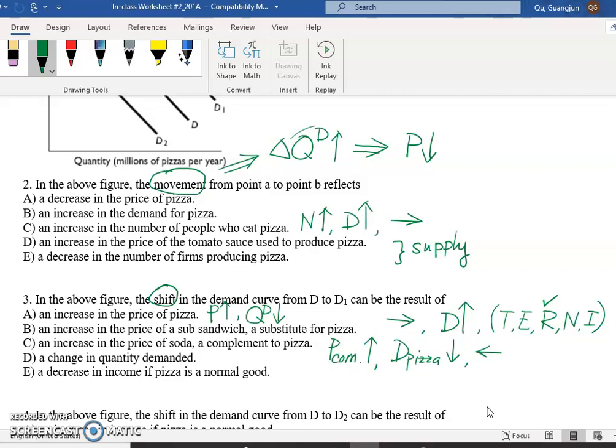Okay. D, a change in quantity demanded. Again, this is wrong. Okay, we said what has changed is the demand. Okay, we got a new relationship. E, a decrease in income if the pizza is a normal good. So if the income decreases, we would expect that the demand for pizza would decrease as a result, and there should be a leftward shift on the graph. Okay, so this is not correct either.